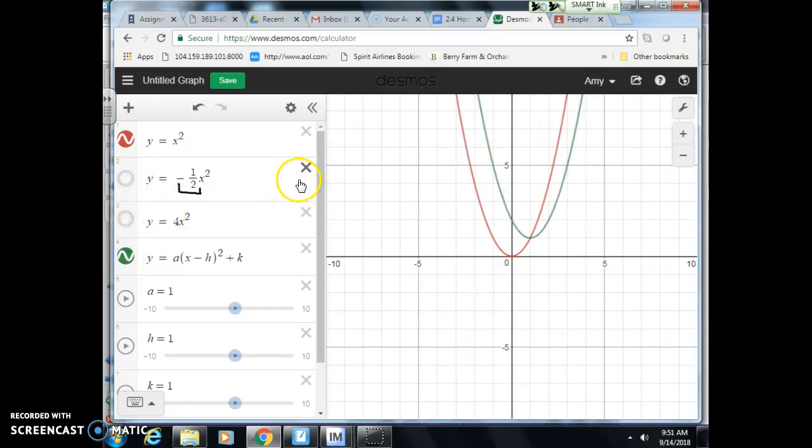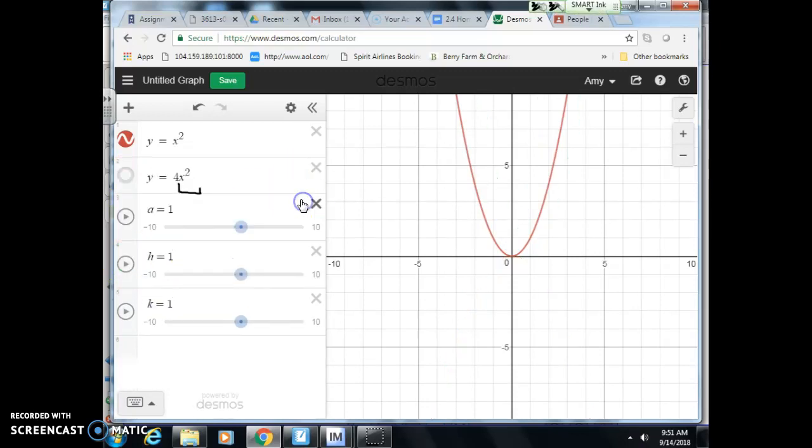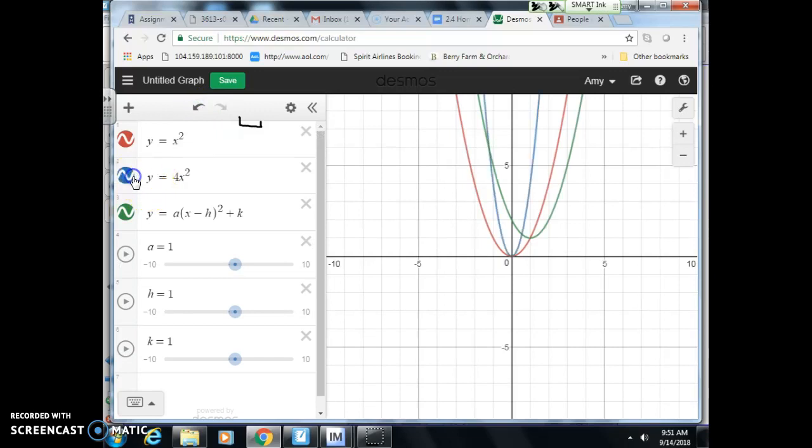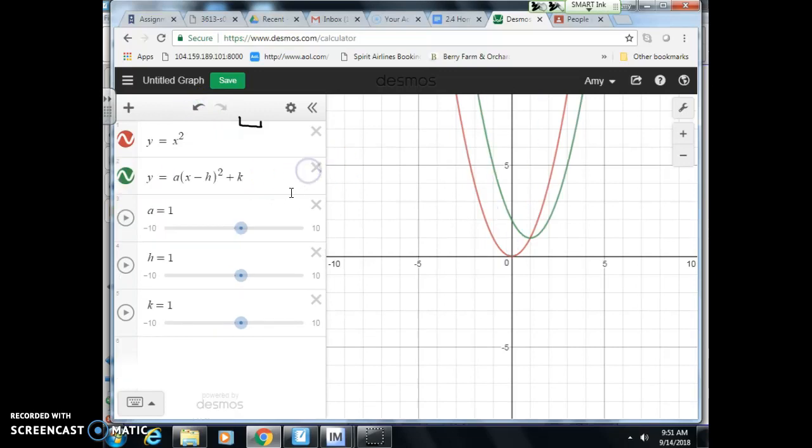This is just a fun little standard operator that we've got here. Let me undo. I deleted the wrong one there. This has sliders automatically built in there. And so if I just want to know, all right, what is going to happen if I change that A?